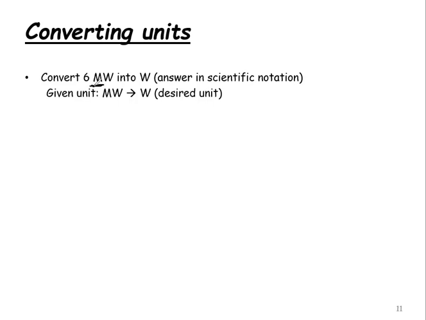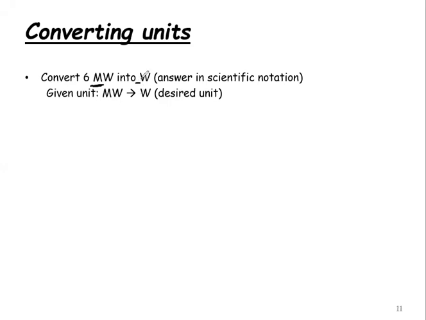On the left you'll always have the prefix, which represents one of those, so M is for mega, capital M. On the other side, the W does not have a prefix. That's what you should take note of there.